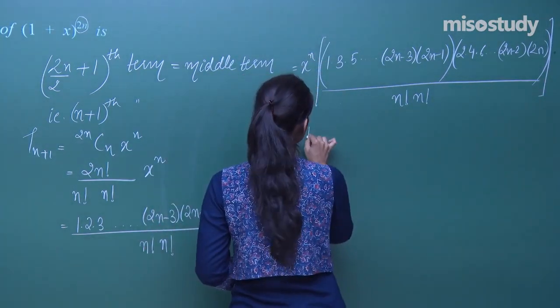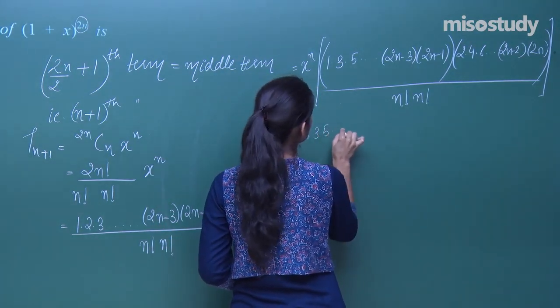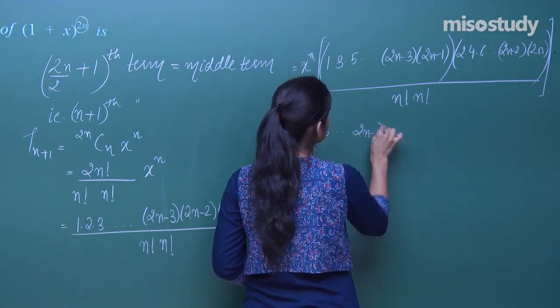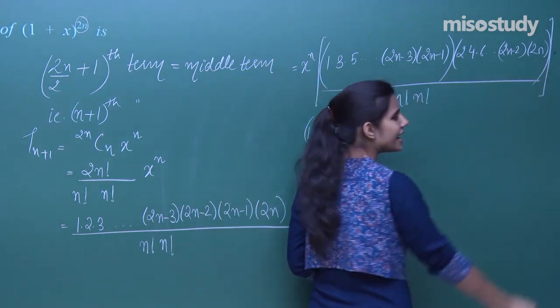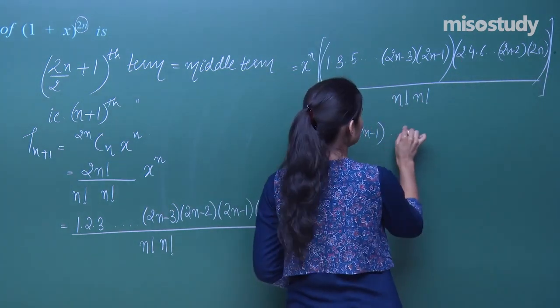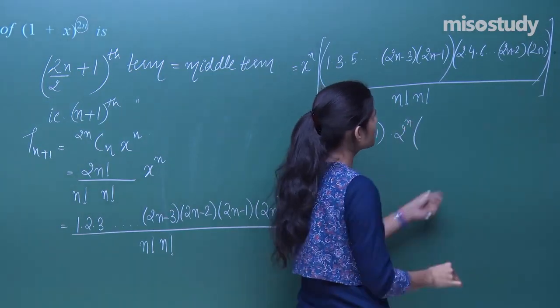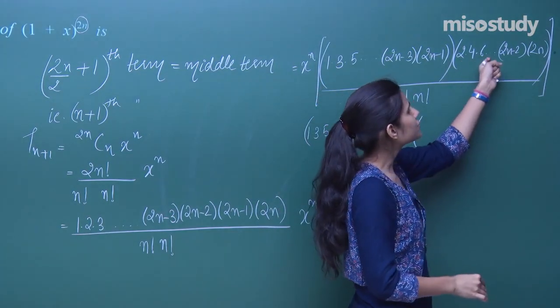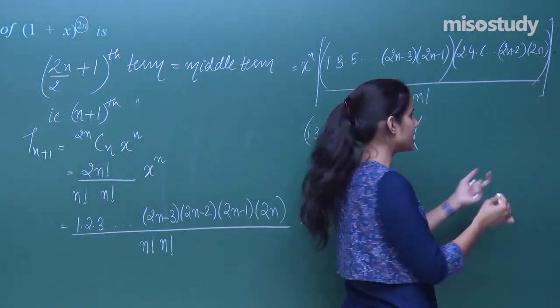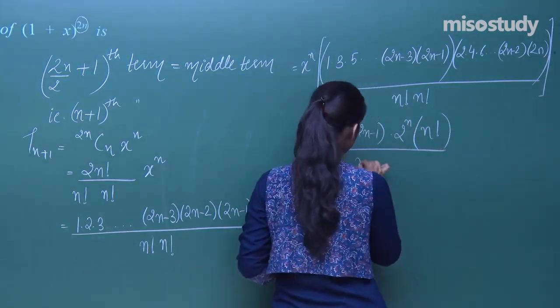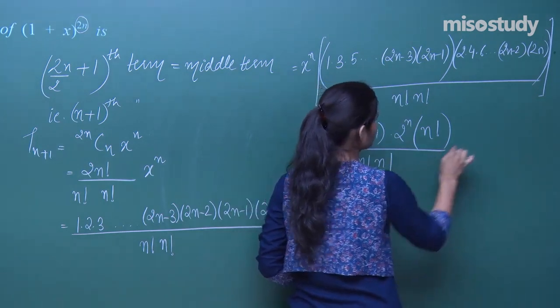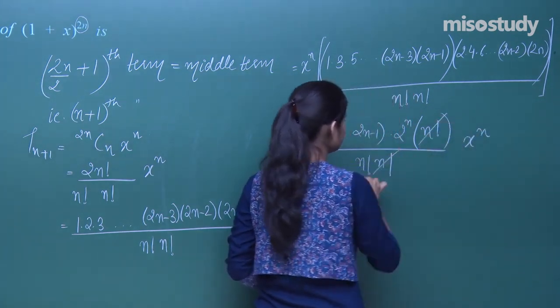Now you basically have 1 into 3 into 5 and so on, 2n minus 1. From here you can see 2 is coming out common n times. So you basically get 2 to the power n, and now you are left with 1 into 2 into 3 and so on up till n, which is nothing but n factorial, whole upon n factorial into x to the power n.